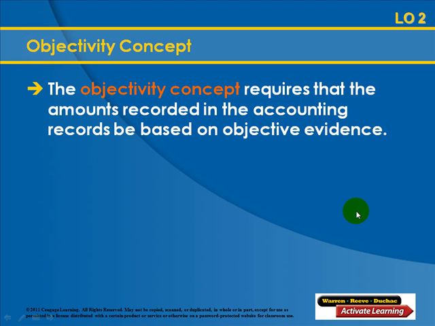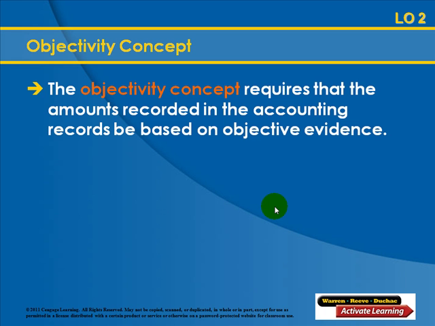The objectivity concept requires that amounts recorded in the accounting records be based on objective evidence. Objective evidence is source documents. Source documents are receipts, bank statements, invoices, bills, credit card receipts, any type of document that indicates that a transaction happened. And let me be very clear with you.